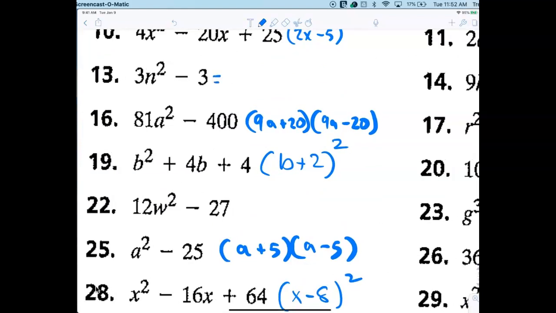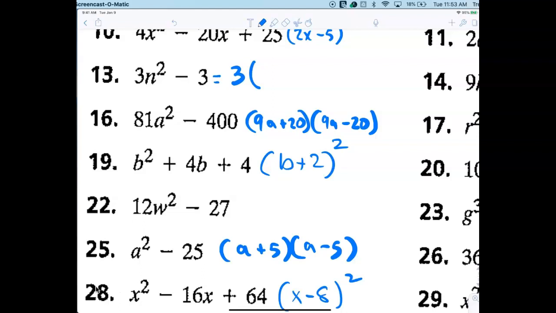Sam, you said you gotta do this. So what is common with 3 and 3, Sam? 1.5? Sam, you're killing me today. All right, we'll go with 3. Now, if I factor out a 3, Sam, what's left behind?